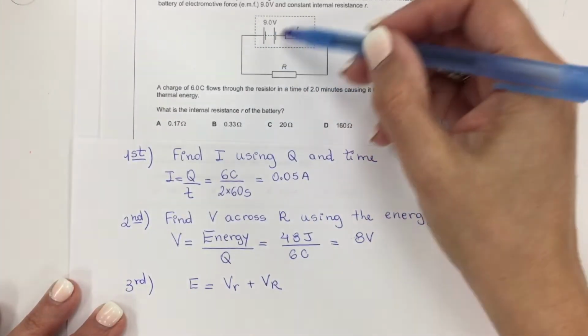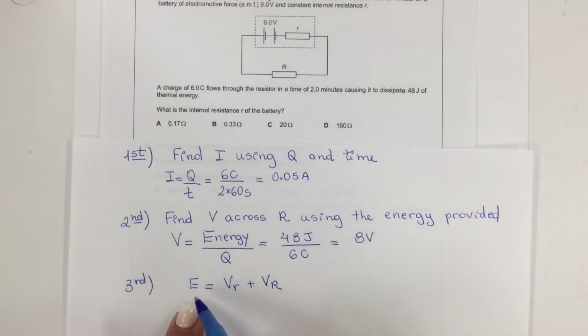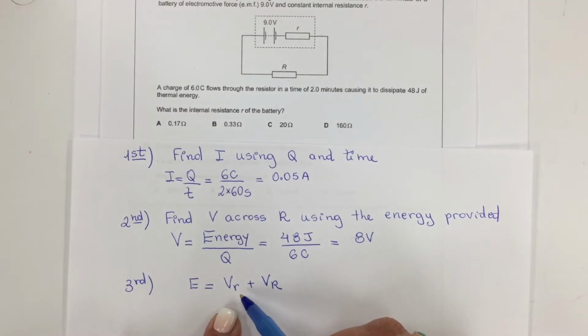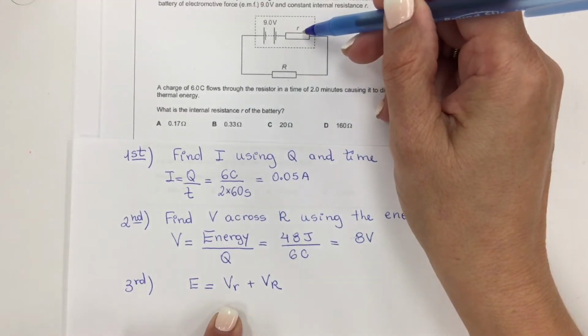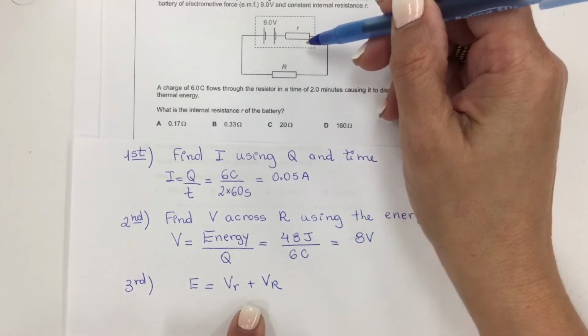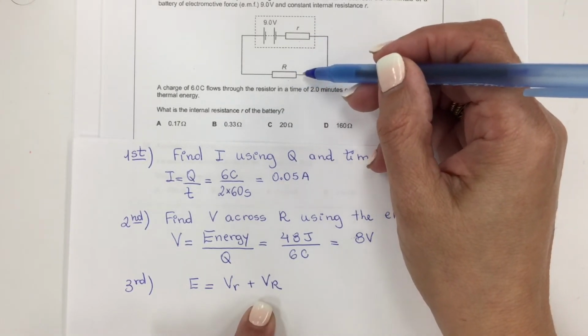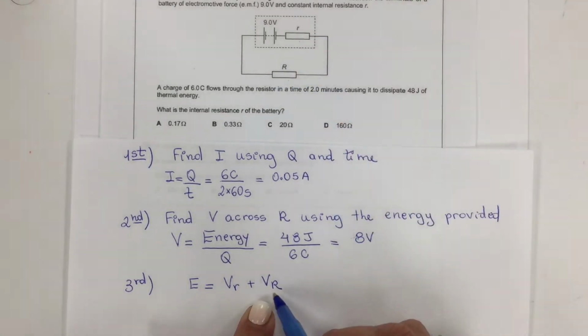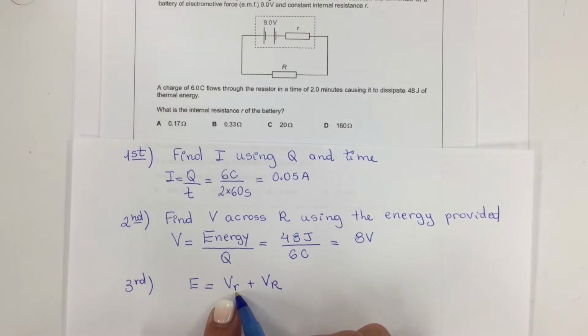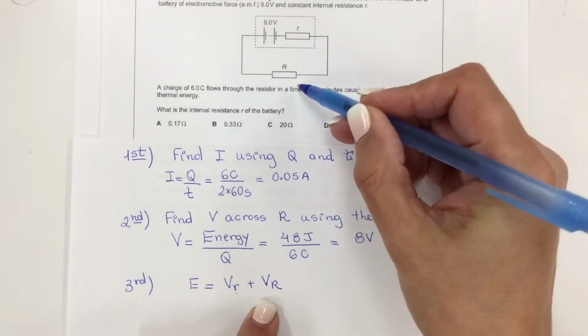Because this is a series circuit, the EMF voltage provided is equal to the voltage drop on the internal resistance plus the voltage drop across the external resistor. So this is sub little r and sub large R, which is this one.